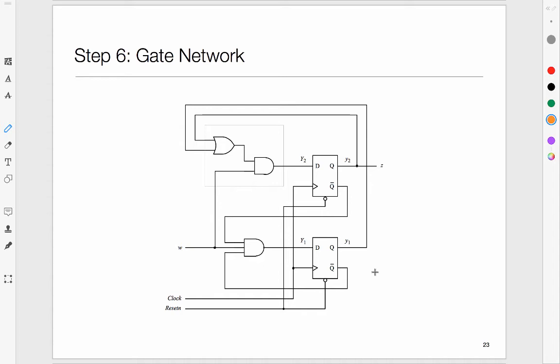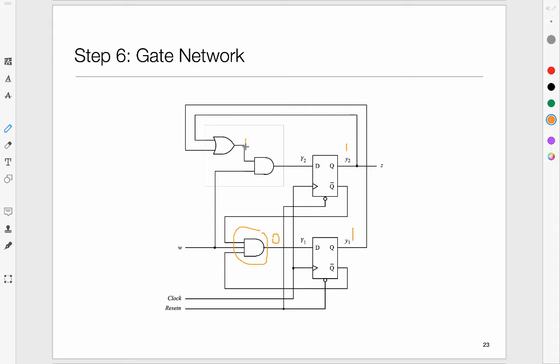If both Y1 and Y2 are 1, then the next value of Y2 would be W, and the next value of Y1 would be 0, because Q bar would be 0. So this gate would see a 0 at its output, if this is 1 and this is 1.